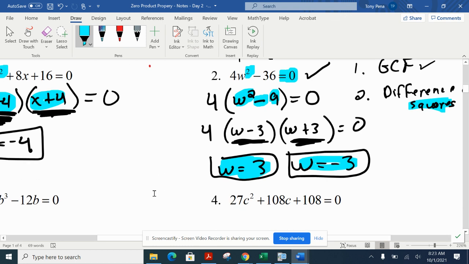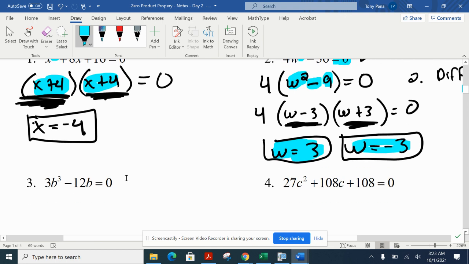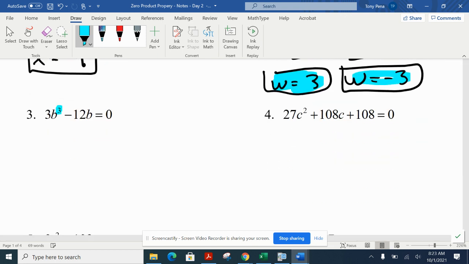Okay. When we get to this next one, so for number 3, this means I should get 3 answers because I have now a cubed. Do 3. See what you think about number 3. And this should give us 3 answers.